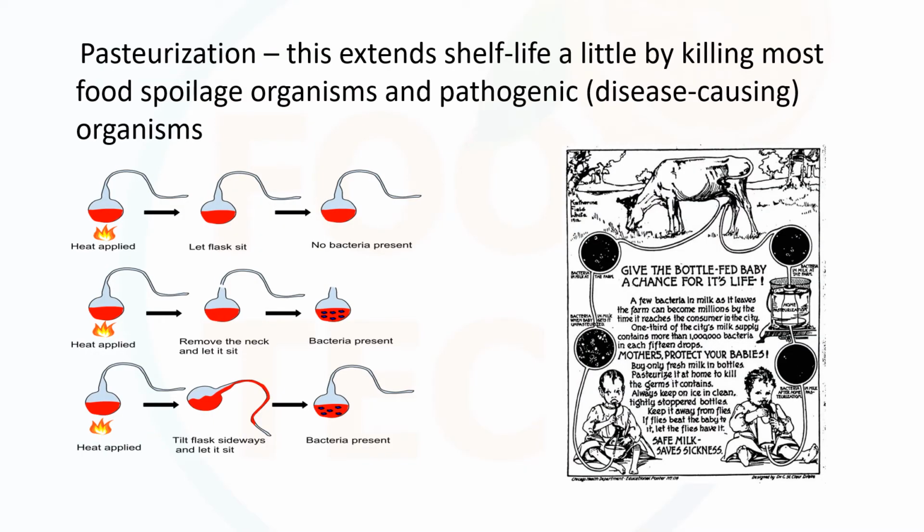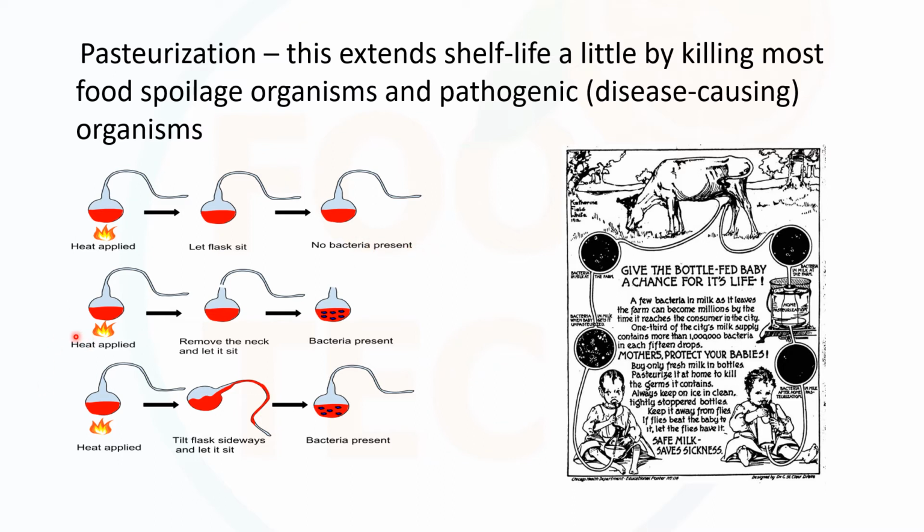Pasteurization extends the shelf life a little by killing most food spoilage organisms and pathogens, which are the disease causing organisms. We are seeing this in the diagrams. The first chamber is closed and heated, with liquid present, and at the end no bacteria is present.